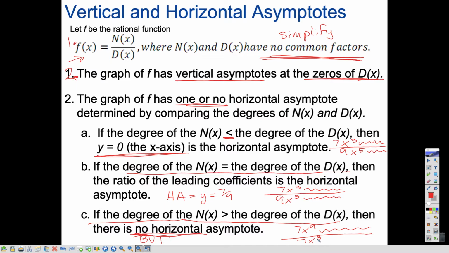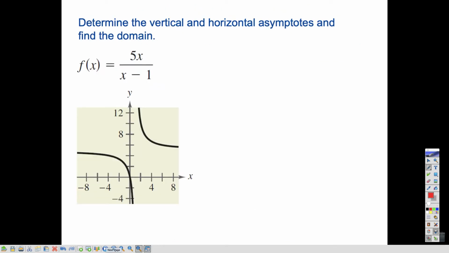But these are out of the book. So determine the vertical asymptote, horizontal asymptote, and the domain. The very first thing I need to do with every problem is write down the problem. So 5x over x minus 1.